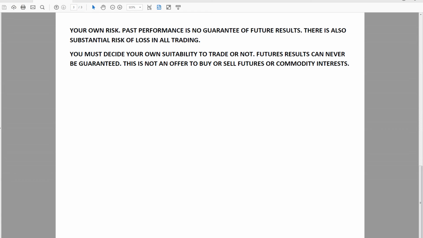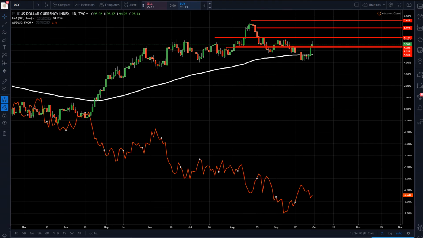Alright guys, so we're going to start out with, what should we start out with? Let's see, the dollar. The dollar didn't have a close below 94. The low was 93.81, and it popped right back up above the 100 simple moving average, or EMA, exponential moving average.